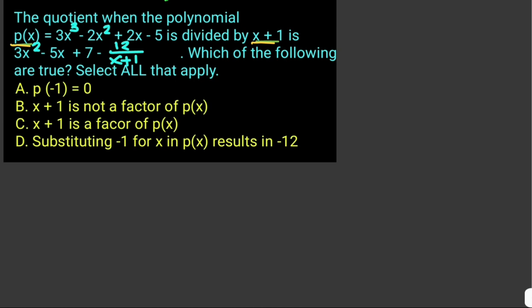So how do we divide polynomials? We can divide polynomials by using long division or synthetic division. Long division is in the form of, let's say, x plus 2 divided by x. For synthetic division, we only get the coefficients of the polynomial and divide it by the zero of the divisor.